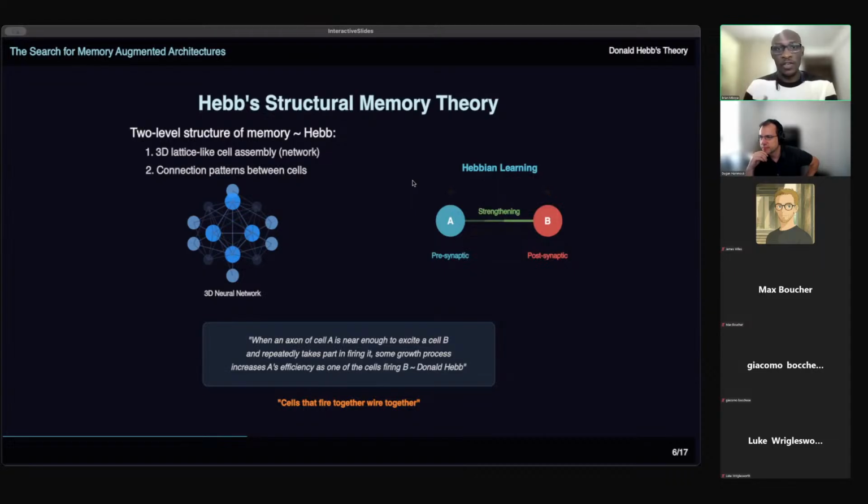The more they fire together, the more they strengthen. But if they don't fire together for long enough, then the strength weakens, right? So there's kind of a cool down period for these neurons sometimes. Yes, correct.